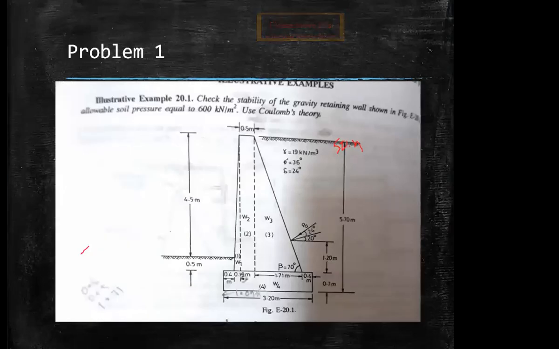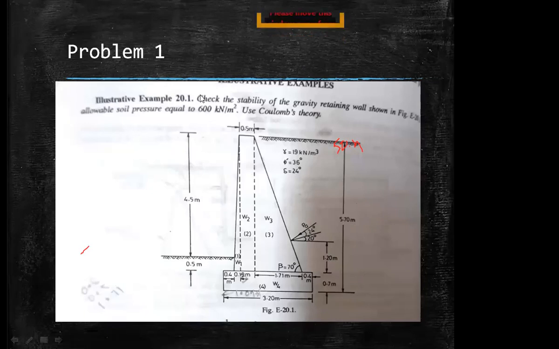W3 again, is it a triangle or a rectangle? So W3 is a triangle, right?